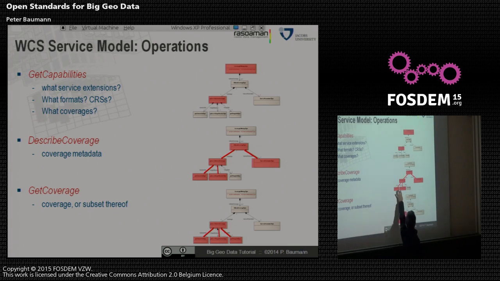So you get the coverage part, but without the pixels, and you get the service metadata. And finally, GetCoverage, the workhorse, is the one where you get the coverage or a subset of it. That means now we drill down and get exactly this one. So with that conceptual model, we can very clearly say what we want, what the service means, and we get a clear semantics definition.